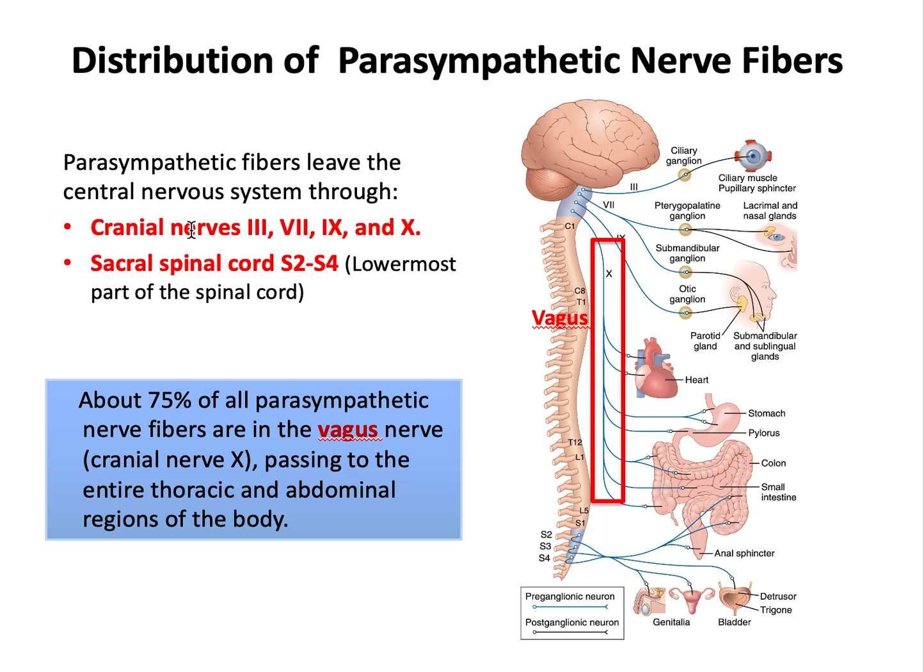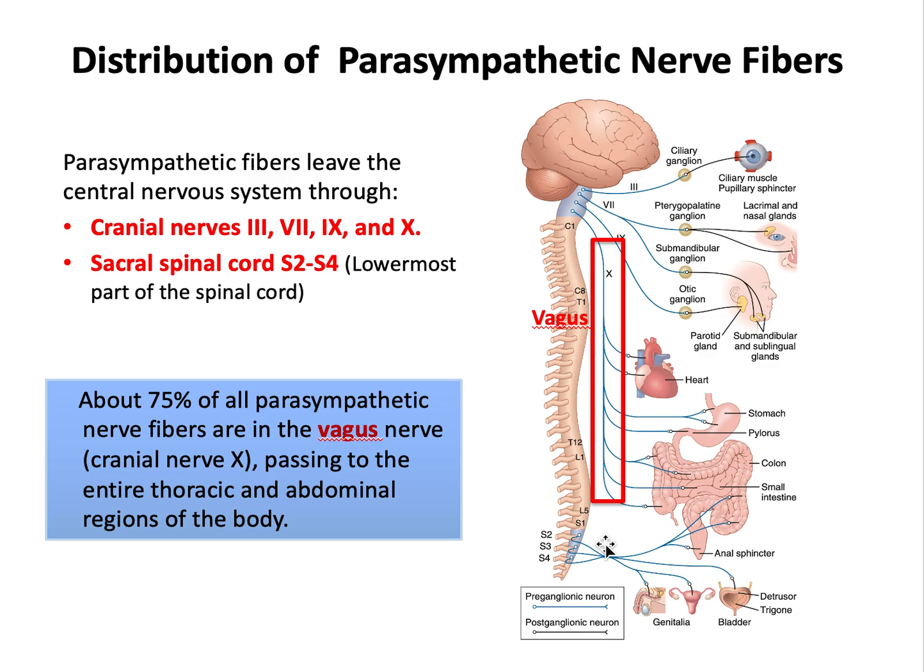All right, so let's see how the distribution of the parasympathetic nerve fibers differs from the sympathetic. Remember, the sympathetic nerve fibers arise from the spinal cord through segments T1 through L2. In the parasympathetic branch of the ANS, the preganglionic nerve fibers originate from the brainstem, so cranial nerves, as well as the sacral segment of the spinal cord.